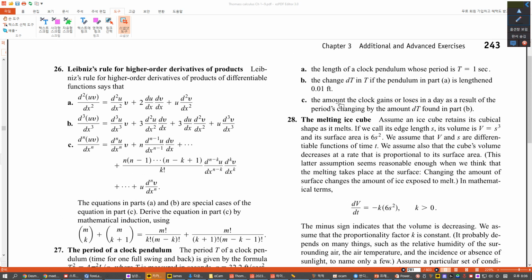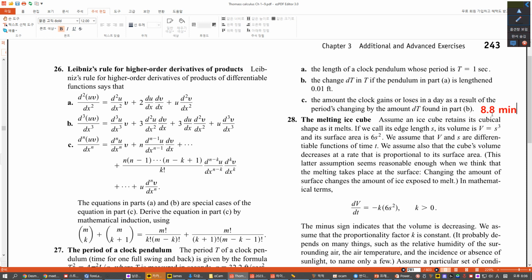Yeah, so the amount the clock loses in a day is about 8 minutes and 48 seconds. So, if 2 p.m. is the standard, the clock will indicate about 1 hour and 51 minutes, if it loses about 9 minutes.